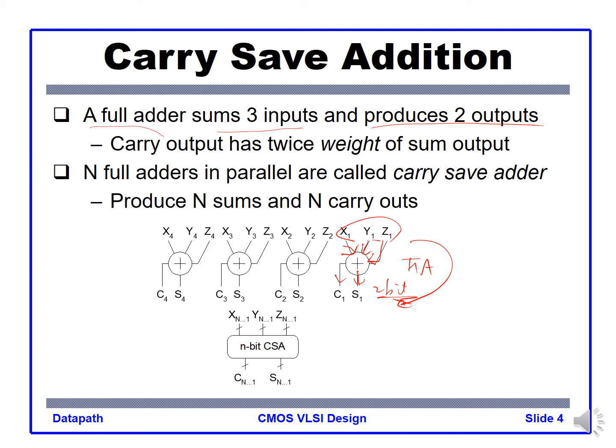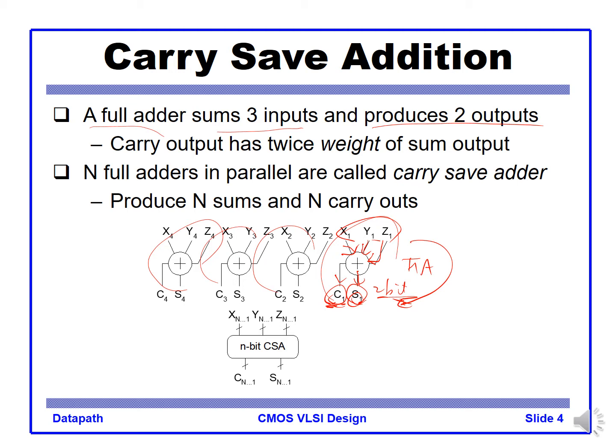So if we put those in parallel like this, we can reduce the number of partial additions.